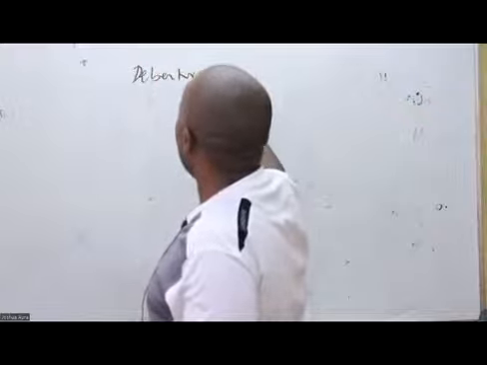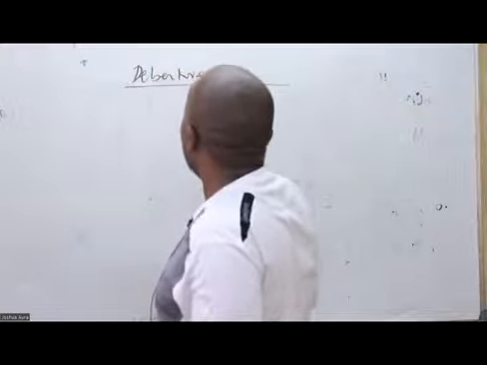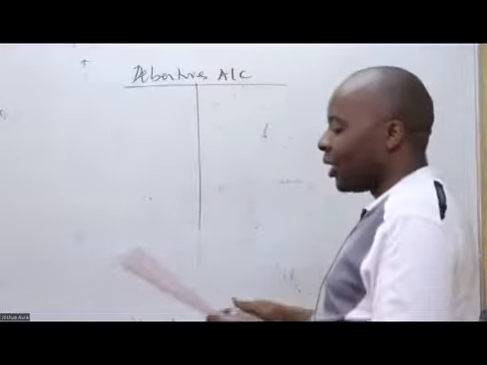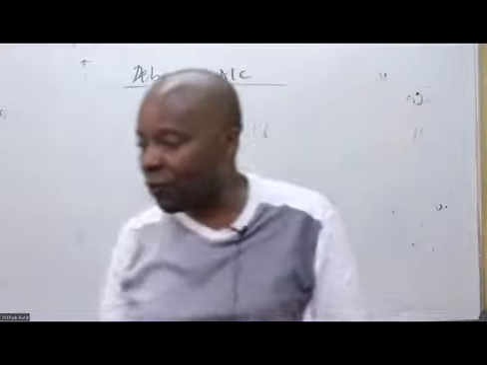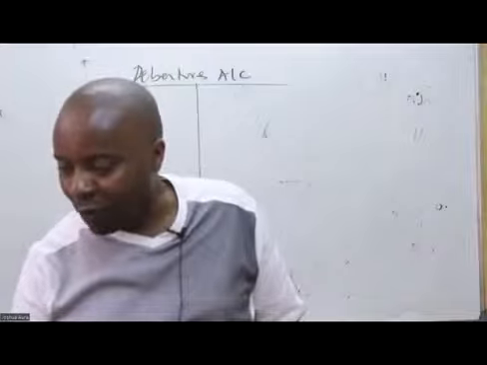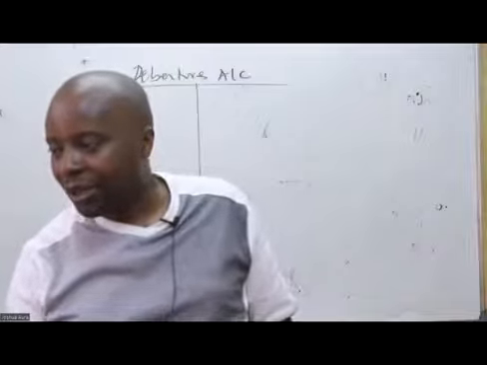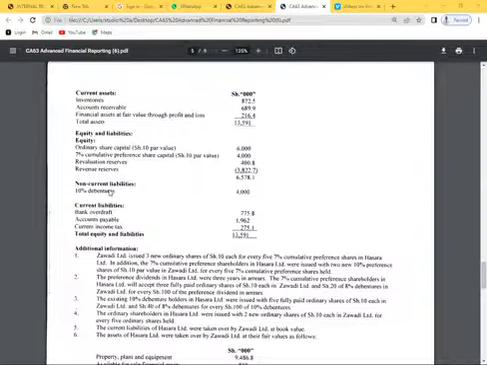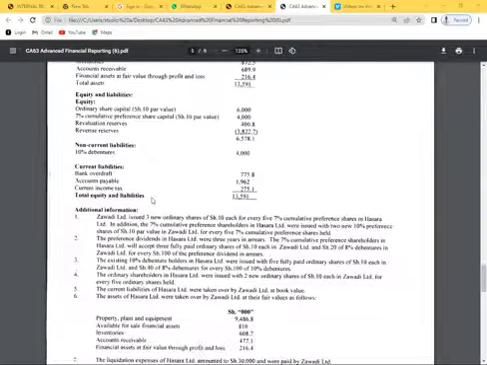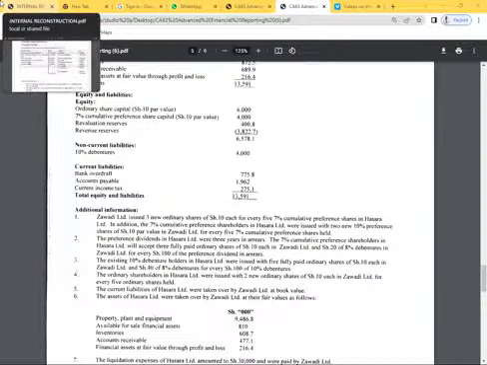So the debentures account, ladies and gentlemen, are you able to see the balance brought forward? Balance brought forward for the debentures is 4,000. So balance brought down is 4,000.